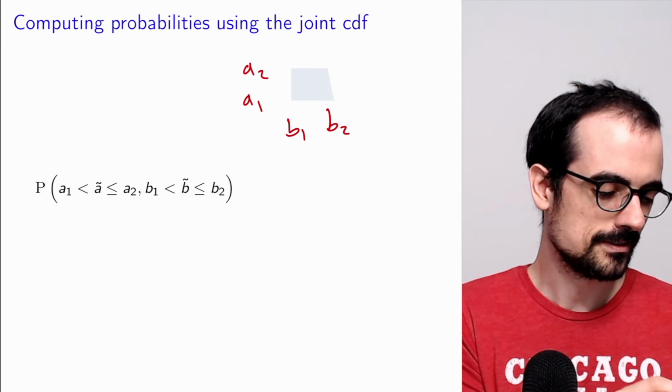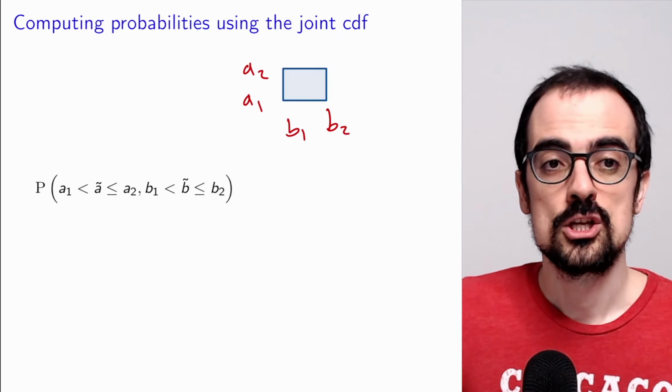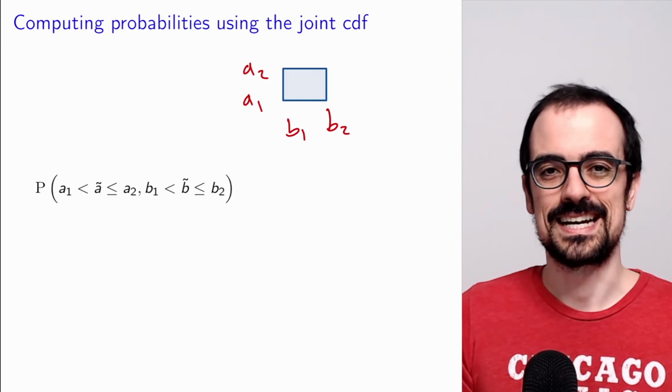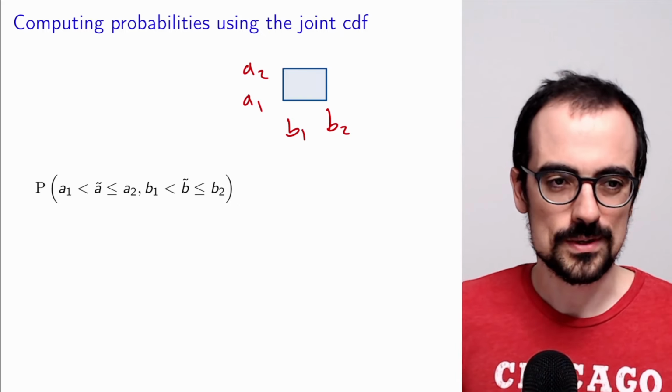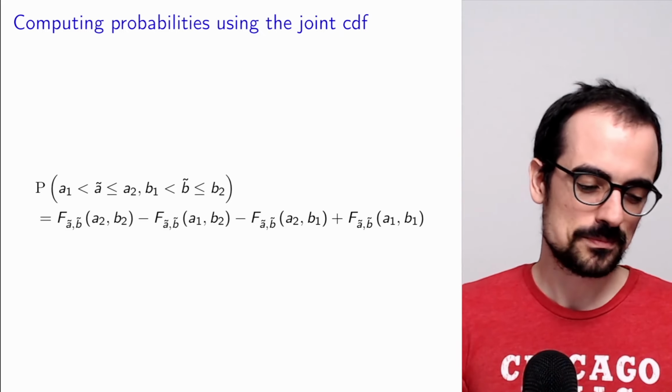And that's not a rectangle. Let me try again. That's a rectangle. So the probability that the two random variables are within that rectangle can be expressed in terms of the joint CDF, but it gets pretty complicated.